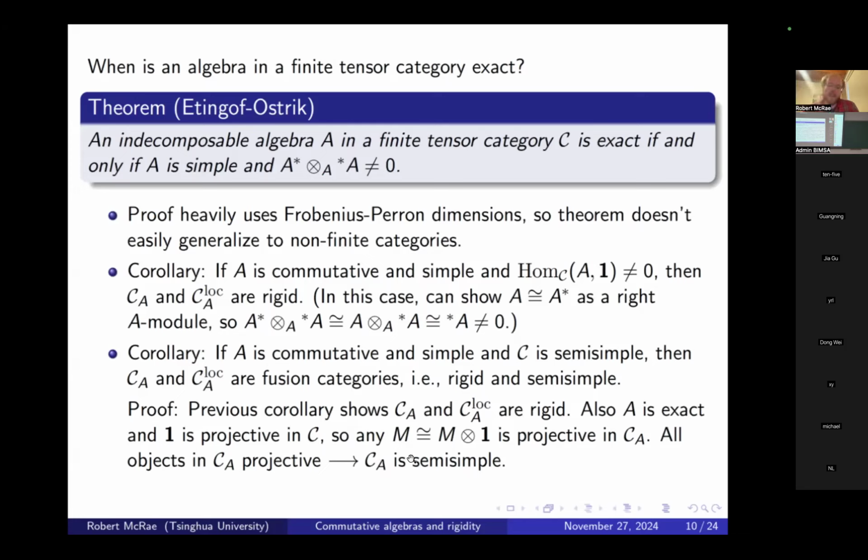So that means CA is semi-simple. So that's a really nice theorem that tells you if you want to get new fusion categories from commutative algebras, it's enough just to find a simple commutative algebra in a braided fusion category.